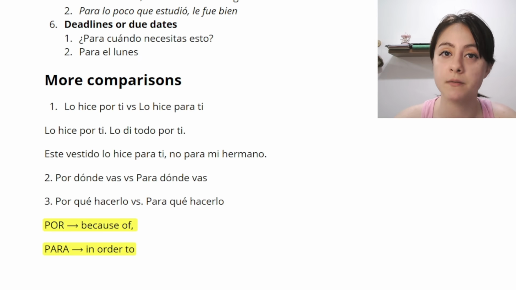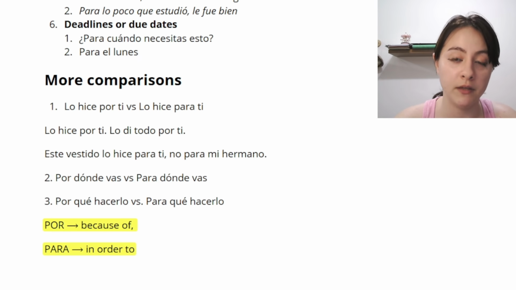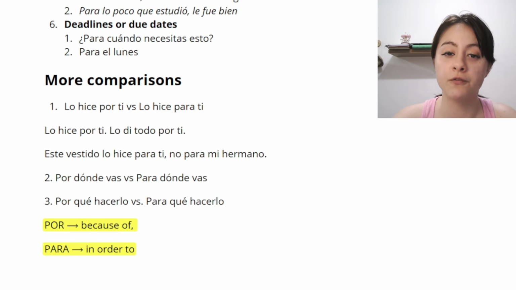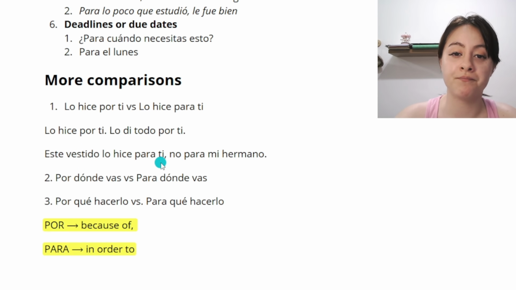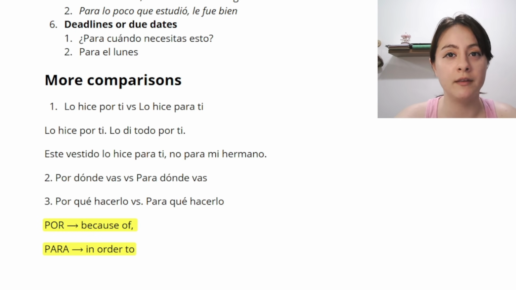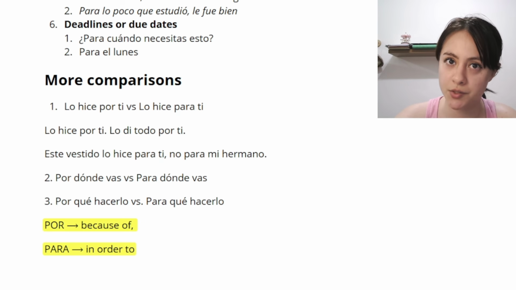This dress, I did it for you. I plan on giving this to you, not for my brother, no para mi hermano. So again, it's like the destination, like the person to whom this action is targeted. What's the final person that this needs to get to?